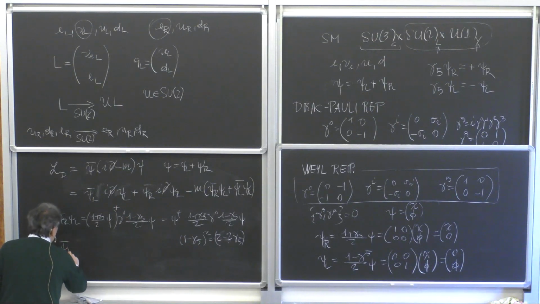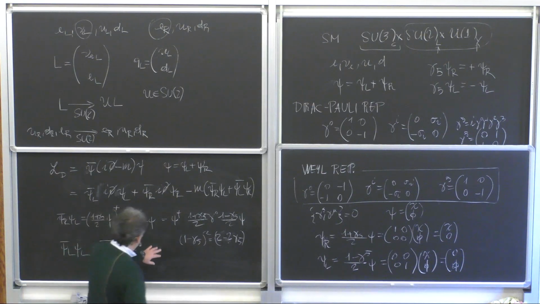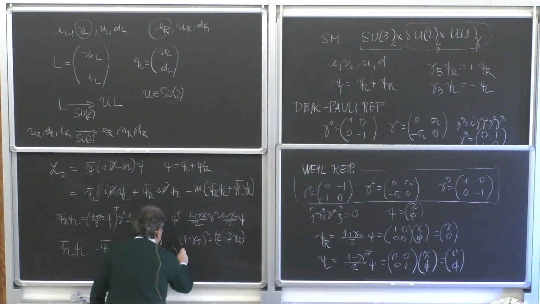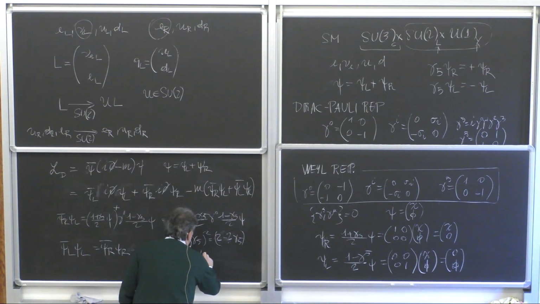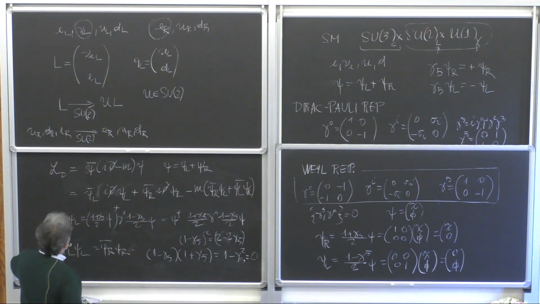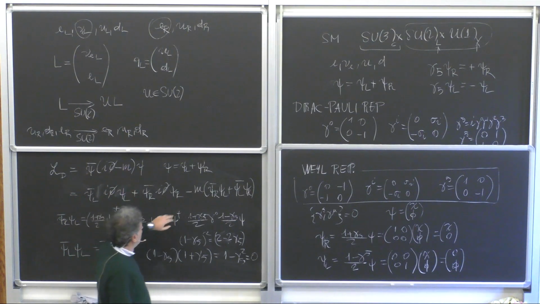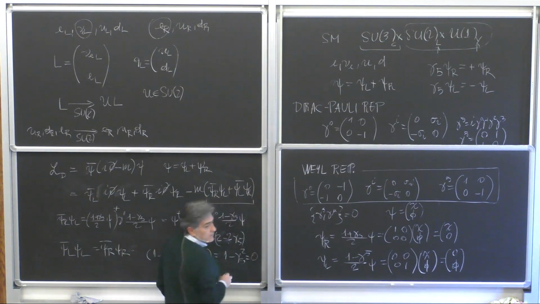When you study instead a term like this one, you will get 1 minus gamma 5 times 1 plus gamma 5, and this is 1 minus gamma 5 squared, that is 0. So if you expand this psi bar psi product, only these two terms will survive.